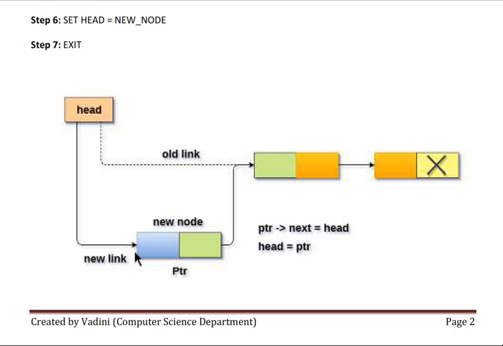This is the new link: pointer's next equal to head, and head equal to pointer. This is the old link which was assigned to this node, but here we are cutting this link and putting in this new link, and then assigning the pointer's next to the head.